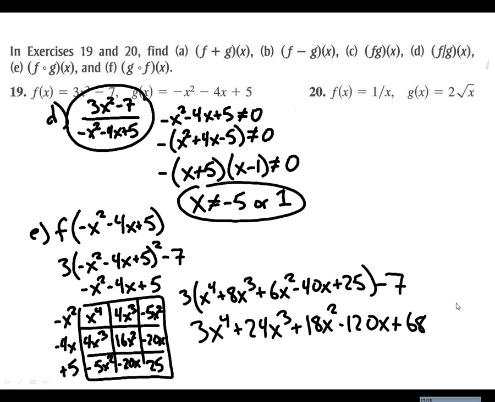G of f of x is going to be a lot simpler, so let's see if we can squeeze it in here for the last part. G of 3x squared minus 7. Well, maybe it's not going to be a lot simpler, because we do have to FOIL. I gave you a hard one on this one. Make some room.